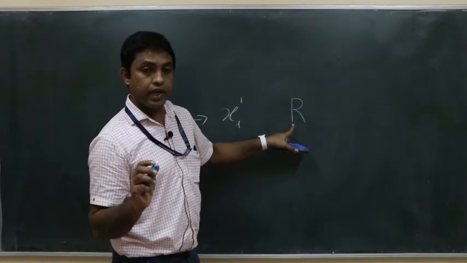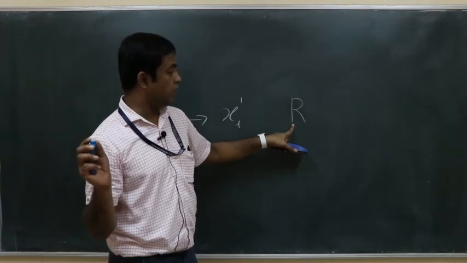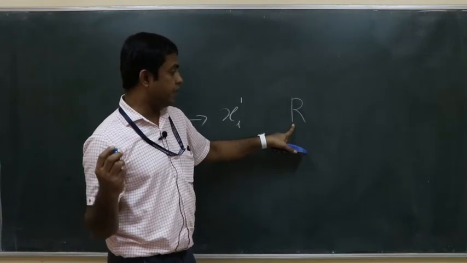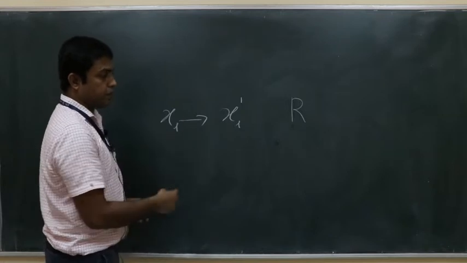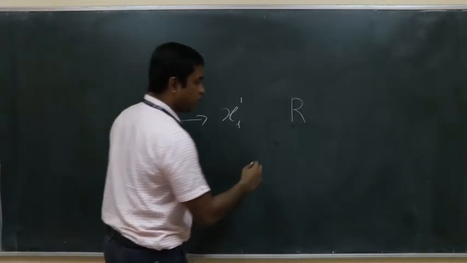Any general rotation you can actually write down, that we'll be doing later. But already you know, suppose rotation is in the xy plane with an angle alpha. What is that rotation matrix?